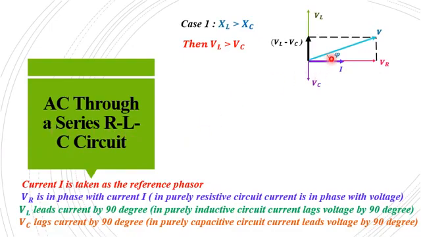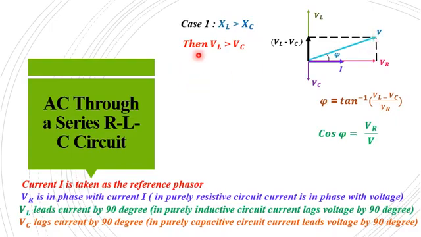Why? Because here we found that the resultant voltage is leading the current by angle phi. And from this phasor diagram we can see that phi is equal to tan inverse of VL minus VC by VR. Right, tan phi is opposite side by adjacent side. Similarly, the power factor cos phi is equal to VR by V.